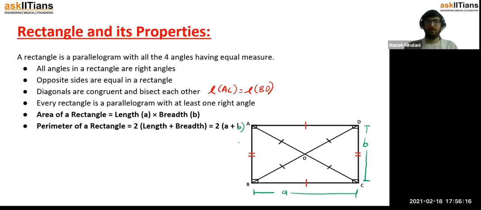So you can simply add all the sides. This is very simple to understand because area is two dimensions, length times breadth, and you get the entire area.